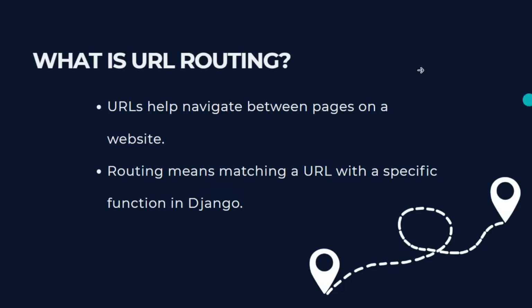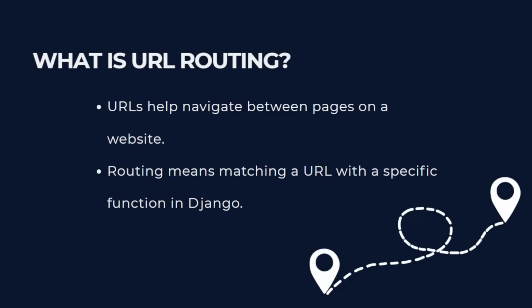First we understand what is URL. The URL helps in navigating between the pages on a website. URL is a link, and like a link, it will navigate to our particular web page. The website has multiple pages.